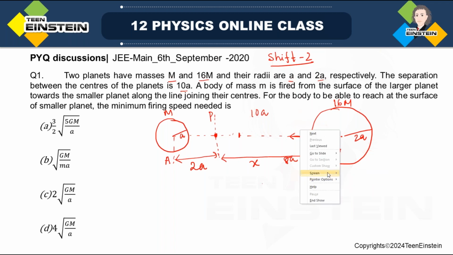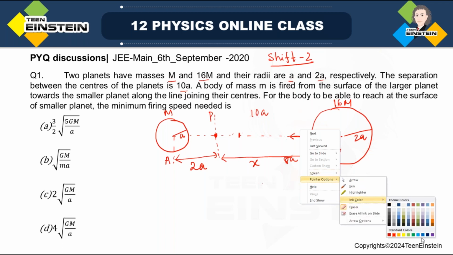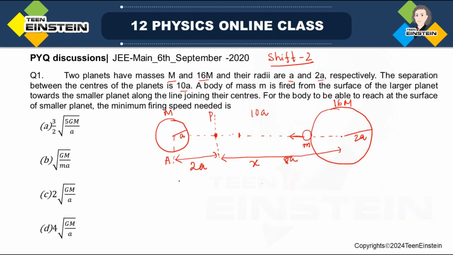Look here, we have now got this mass to be here. Okay, I have drawn it a little bigger, let me make it smaller. So I now have my mass here, and this is here.